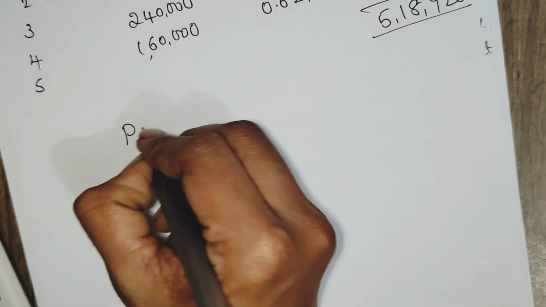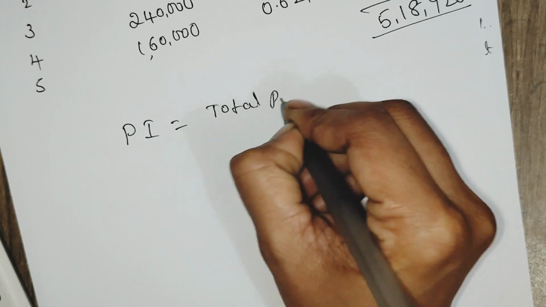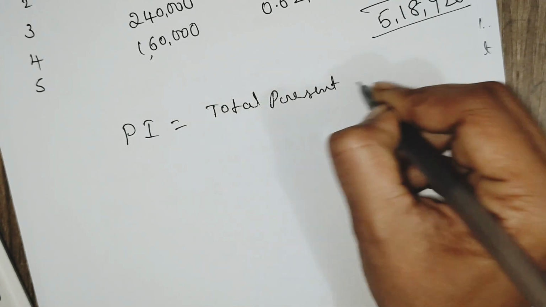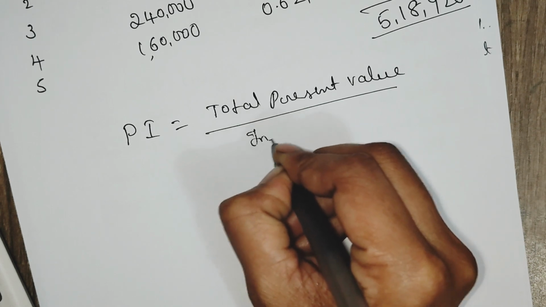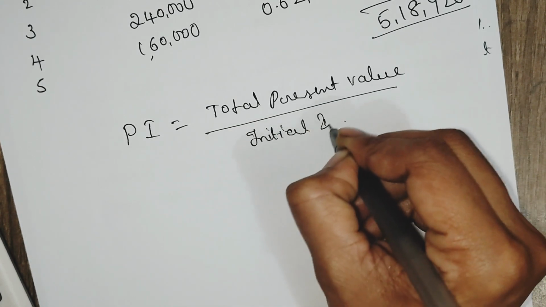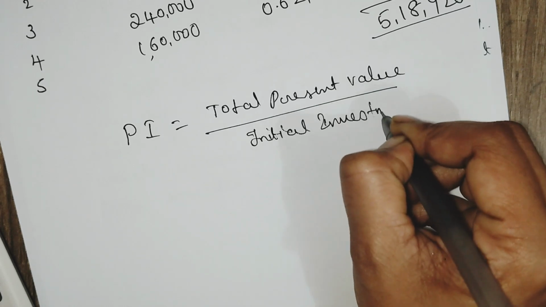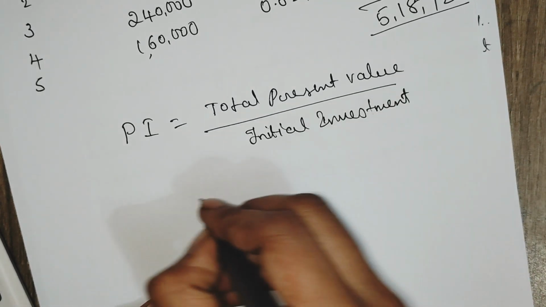Now for machine A, profitability index is equal to total present value divided by initial investment, or original investment.